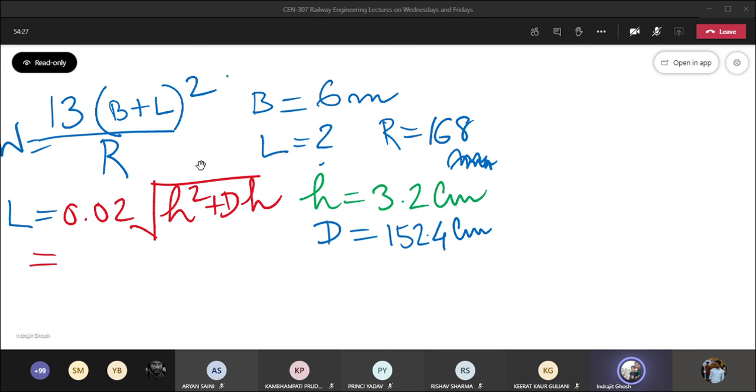So if I put those values, how much are we getting? 0.446. 0.446, right?